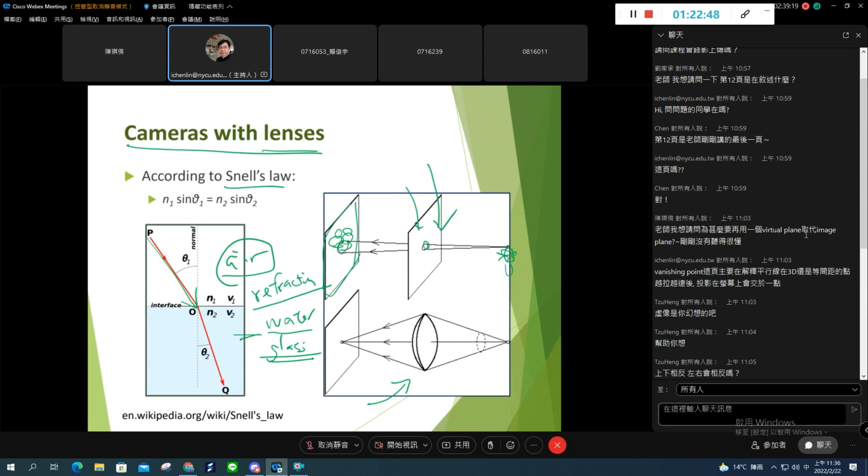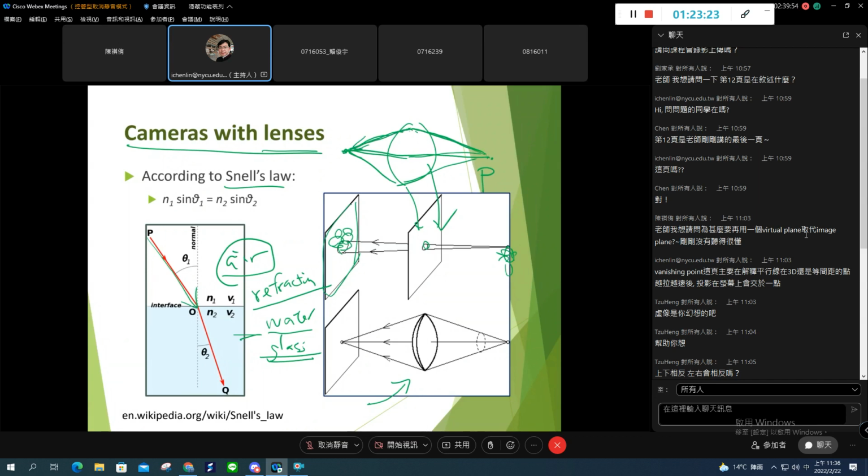So the benefit of the lens is that if we can carefully design our lens, we can make, for instance, a single point P here. Through this lens, we can make rays converge at a certain point. Of course, a ray through the center will go straight through. However, if a ray is going up, then we can use refraction to change the direction of the light and make it converge.